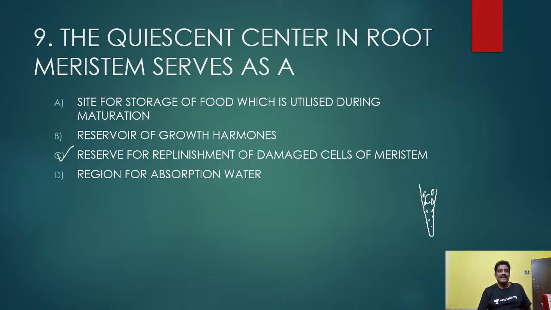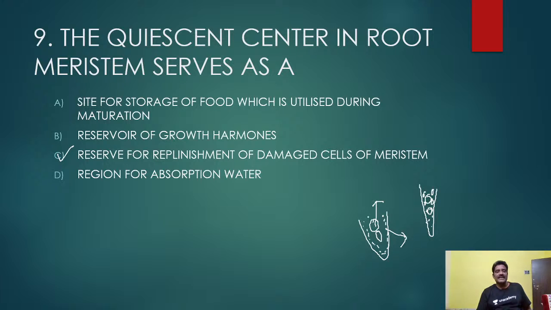Some of the meristematic cells lose their ability of division. Just in the middle of the root, these cells are there. They become permanent. Whenever there is need, for example, when the meristematic cells present around these are damaged, in the place of damaged cells, new cells arise from these cells only.